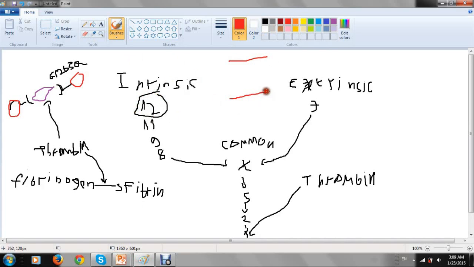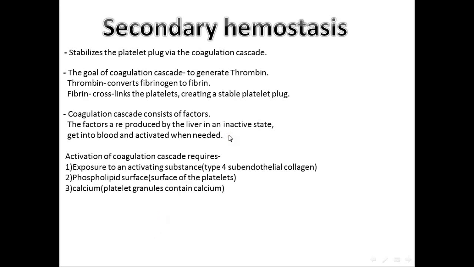Basically, with injury of the endothelial cell, the endothelial cell is damaged, and the subendothelial collagen, which is type 4 collagen, is exposed. And factor 12 will be activated by this exposed subendothelial collagen, and will initiate the coagulation cascade and formation of thrombin. So this is an example of how they get activated.